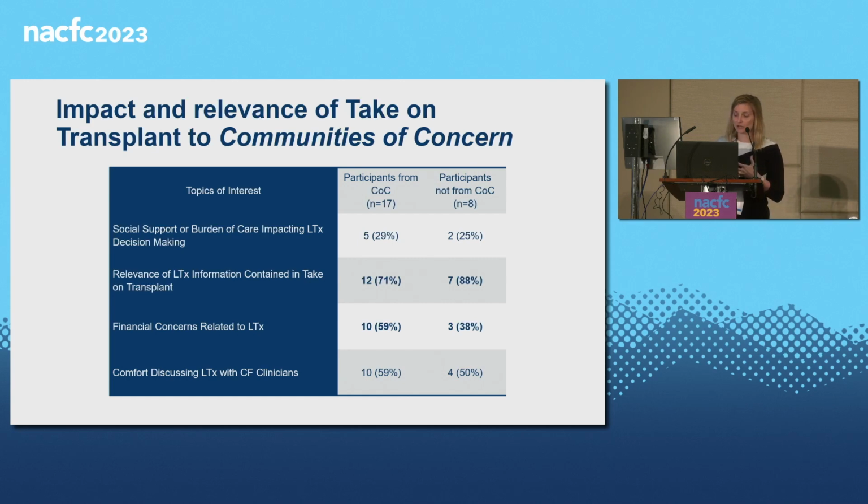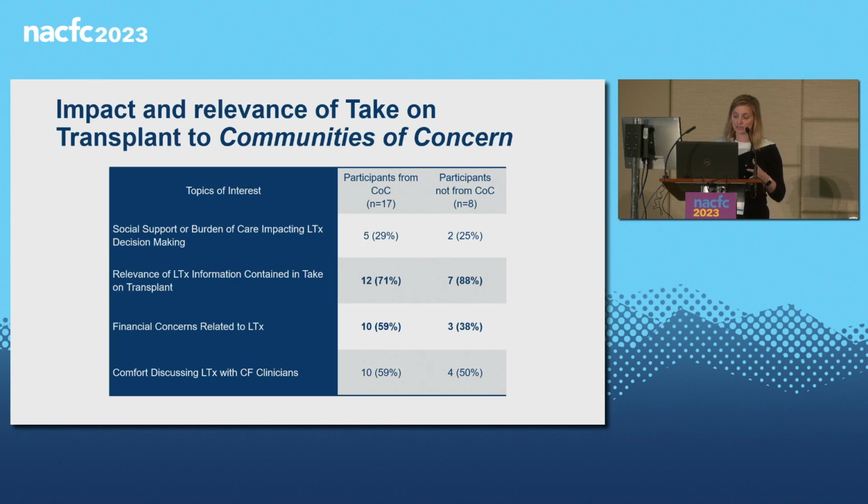And we were also interested in understanding whether or not there was a difference in how relevant the Take on Transplant content was perceived to be in the communities of concern versus those who were not in those communities, and whether or not they had ever experienced provider bias that would negatively impact their decision to pursue lung transplant. There were no explicit statements about experiencing provider bias among our participants, and so we further explored whether or not there were statements made about feeling comfort or discomfort with talking about transplant with their CF clinicians.